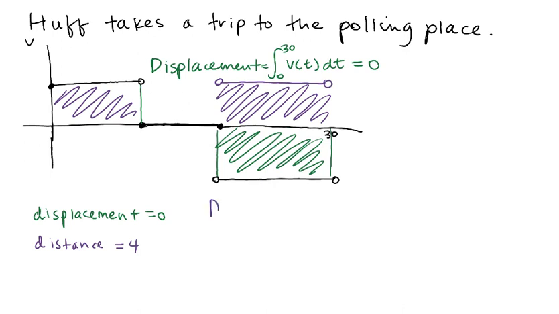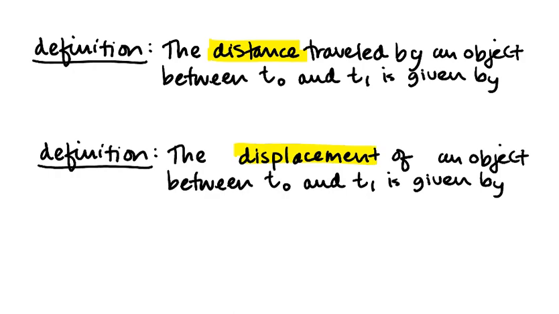So we'll say that the distance is equal to the integral from 0 to 30 of the absolute value of v of t dt. The rule is that the total distance traveled is the integral from t0 to t1 of the absolute value of v of t dt.